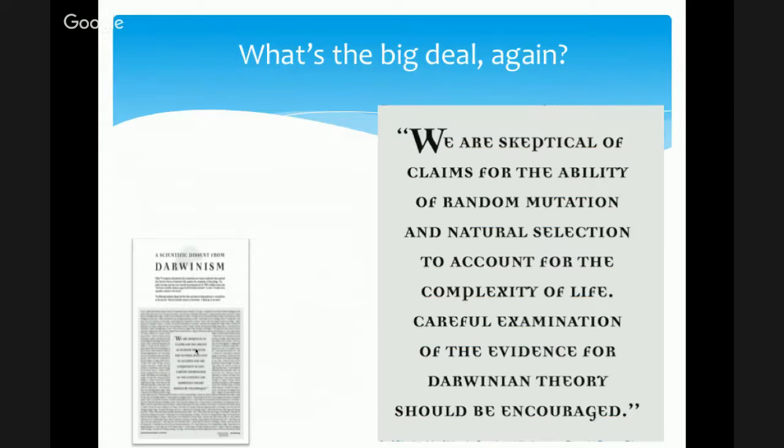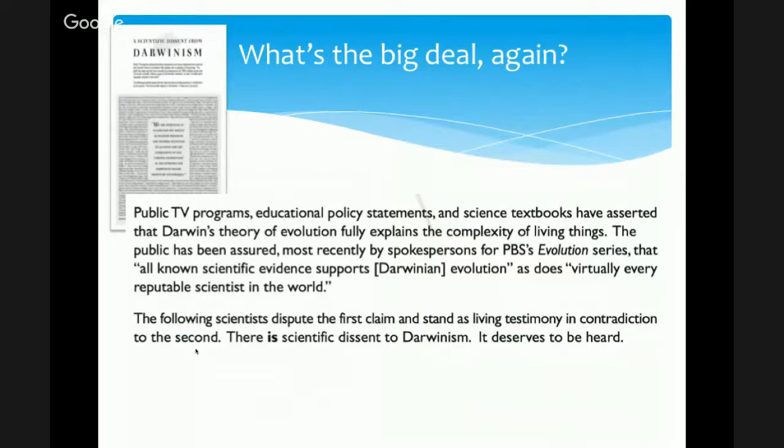I would sign that because I agree. I'm skeptical of that too because I know it's not true. But of course, they're not trying to encourage you to talk about genetic drift and gene flow. They're trying to say natural selection can't explain everything, so we need to critically examine the evidence for Darwinian theory. And again, note that they're tossing Darwin. They're making him the single scapegoat for all of evolution. And this was actually specifically in response to a PBS program, the PBS Evolution series that came out in 2001.